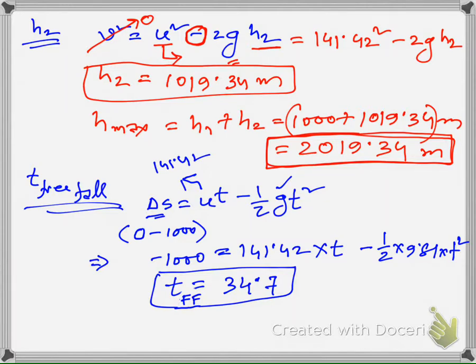Since it's a quadratic equation, you will get two answers, one positive, one negative. You know that time cannot be negative, so we have to take the positive value. So that is how you choose the answer when you have two solutions. This is the time in seconds for the free fall scenario.